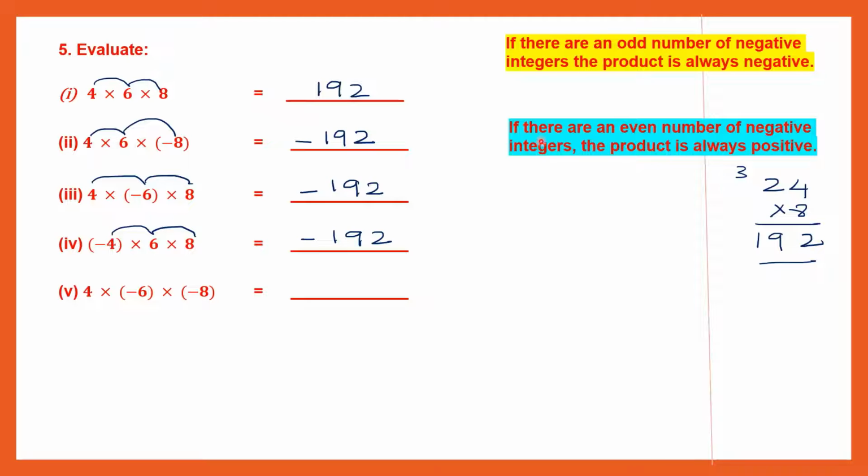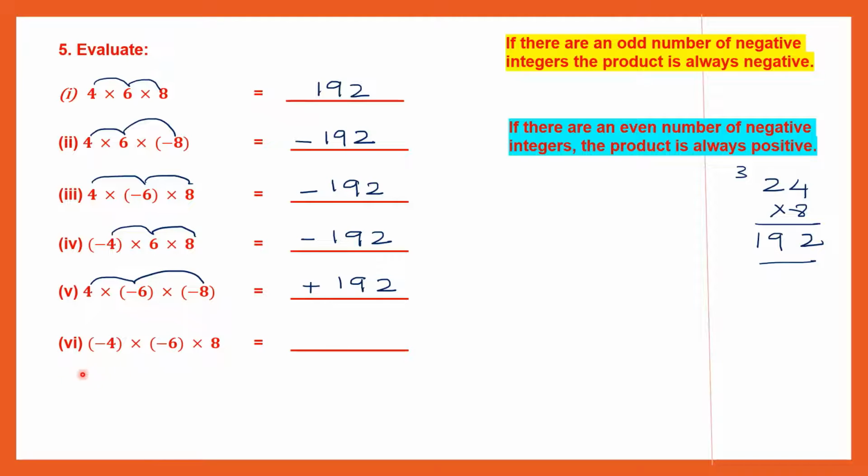Now what does this property say? If there are an even number of negative integers, the product, that means the answer, is always positive. So here the answer is positive. Then 4 into 6 into 8 is 192. So the answer is plus 192 or 192.